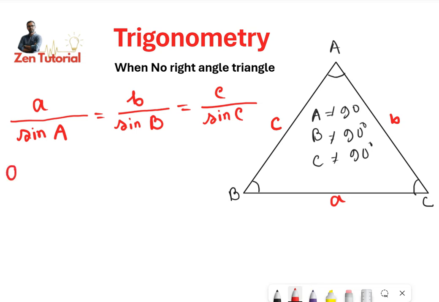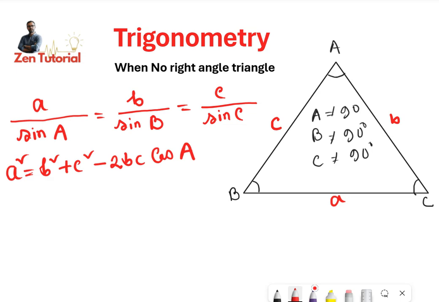So a square is equal to the rest of the sides squared, so b square plus c square, minus 2bc cos of A, right?